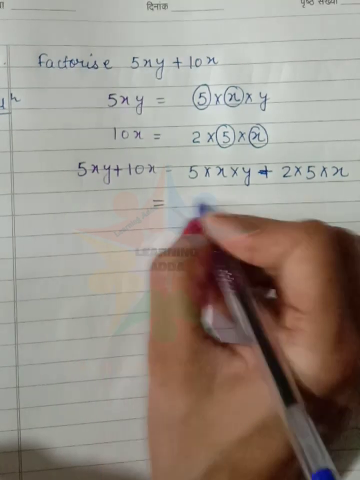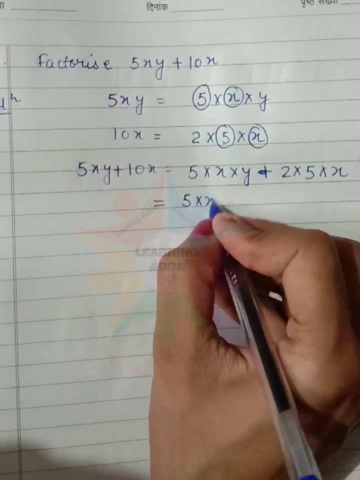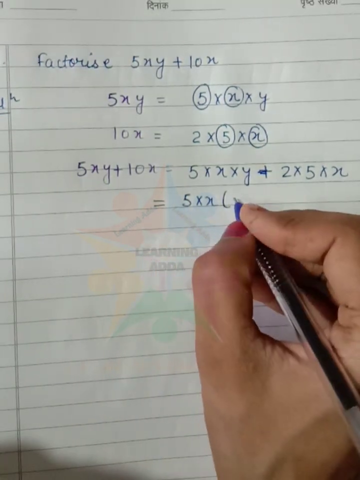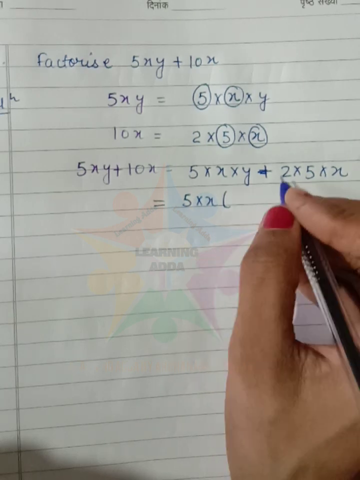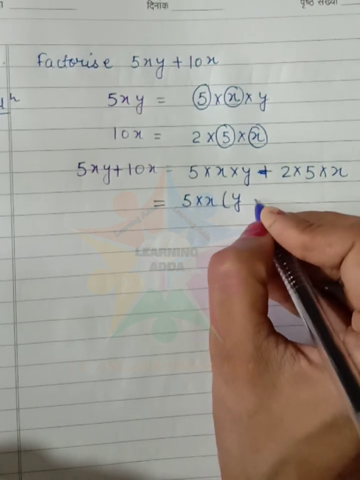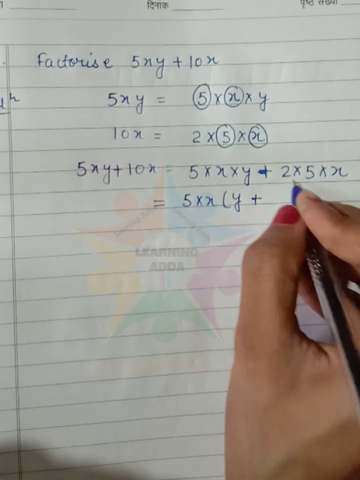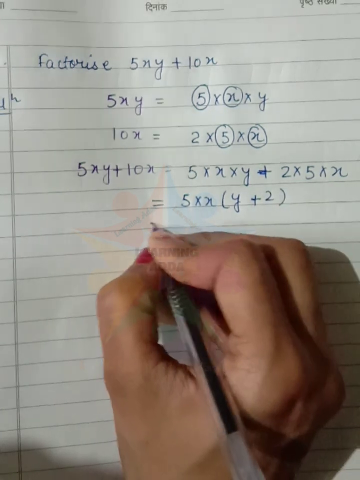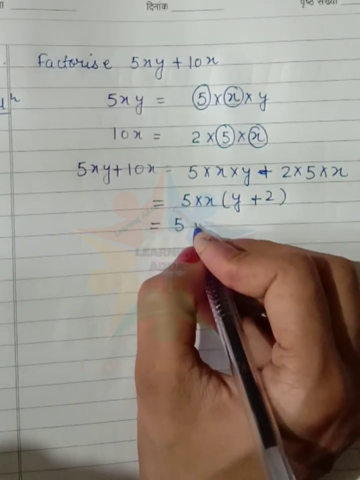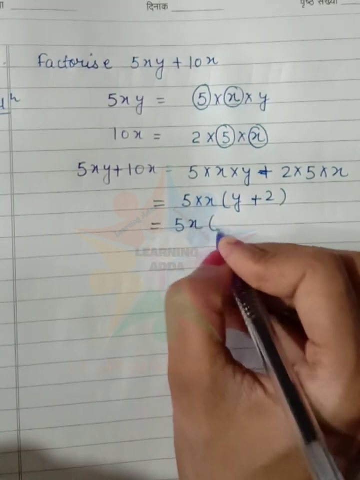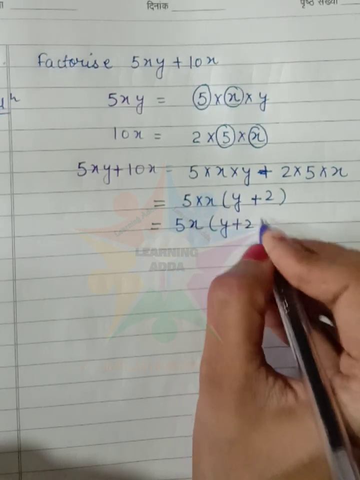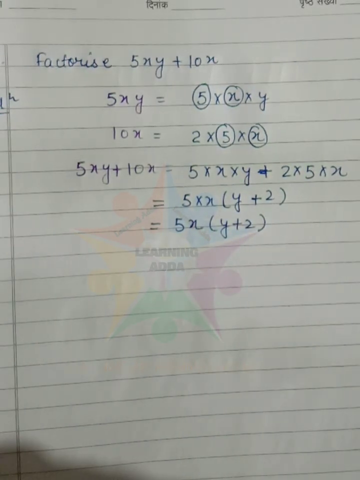Here we take 5 and x common. The left factors are y and plus 2. Then the factor of 5xy plus 10x equals 5x into (y plus 2). Clear?